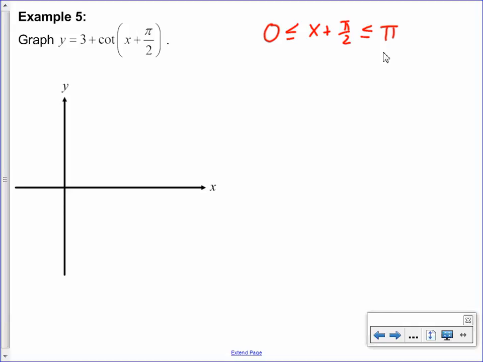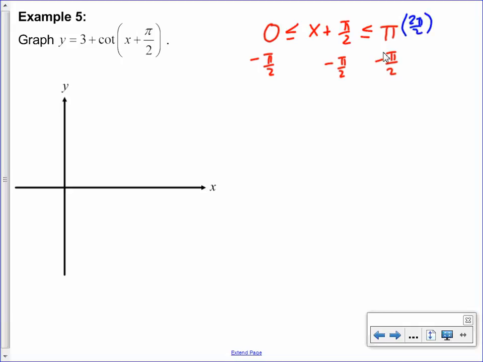Take away pi over 2. Because you're adding it to the x, to undo it, you subtract it from the x. And it would help to know that pi is just 2 pi over 2. So when you subtract, you get common denominators.